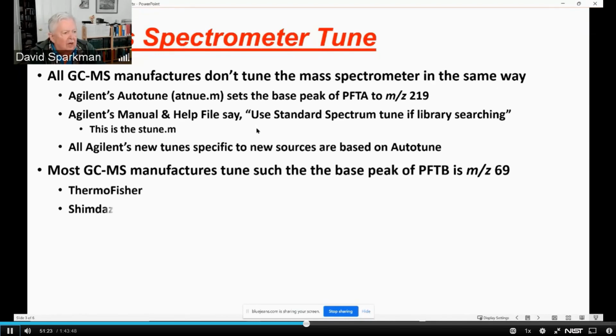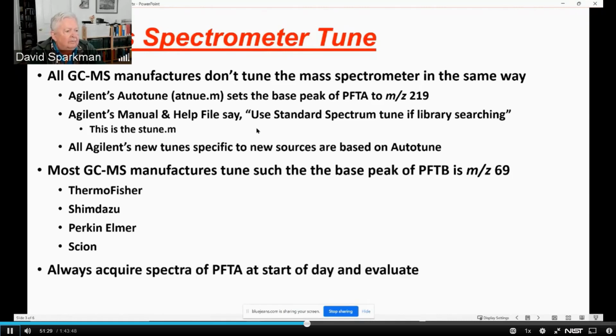Thermo Fisher does, Shimadzu, PerkinElmer, and Bruker. Always acquire a spectrum of PFTBA at the start of the day and do a visual evaluation of that spectrum.